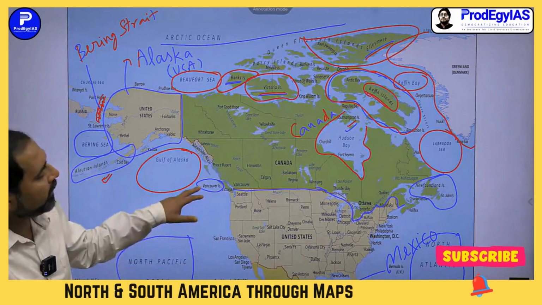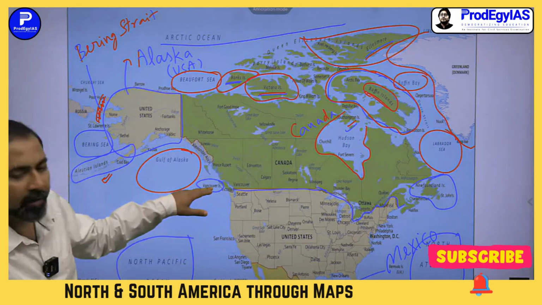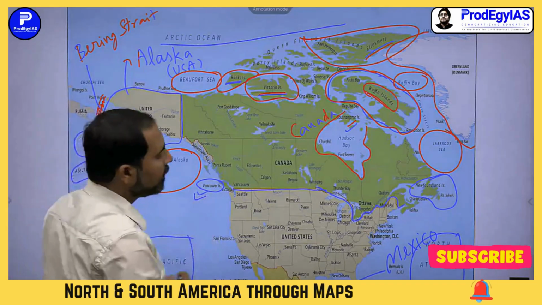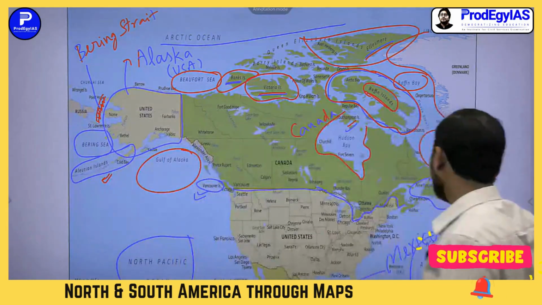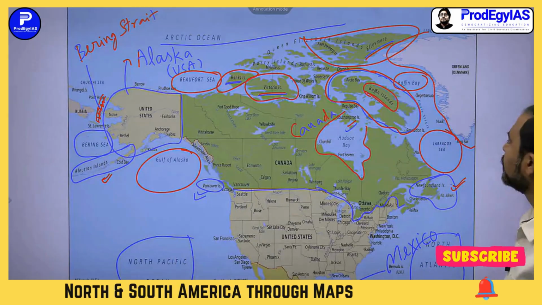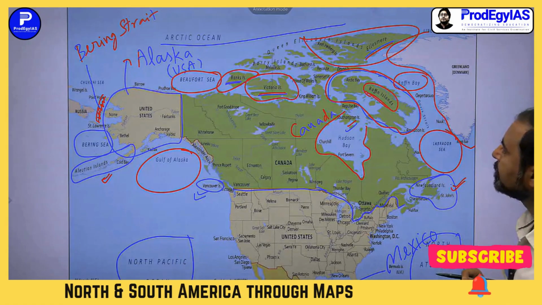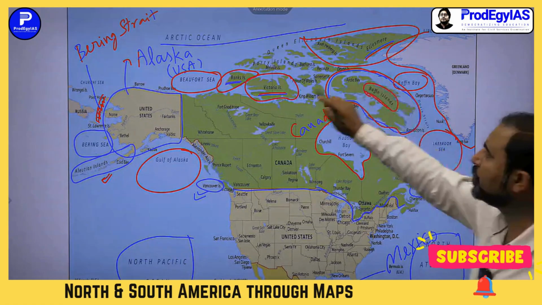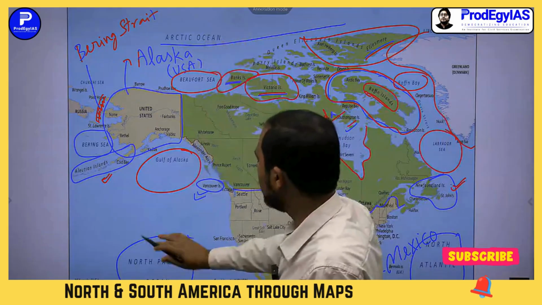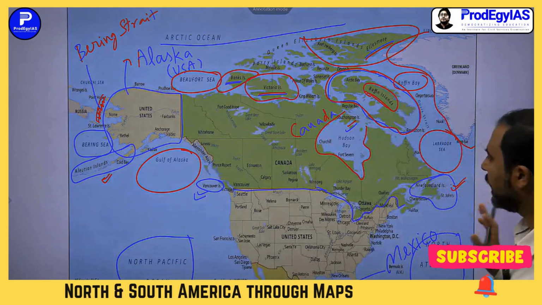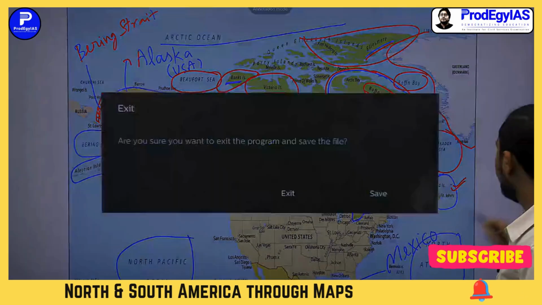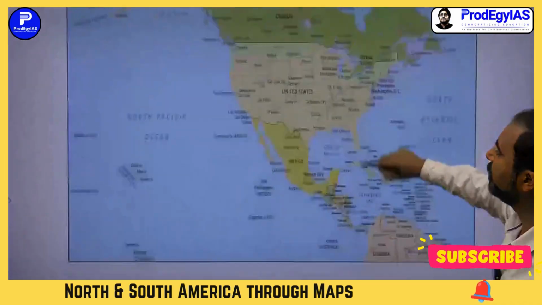Two more important islands in Canada: Vancouver Island, this one, and Newfoundland Island, this one. Vancouver and Newfoundland, right? And major oceans are Arctic Ocean, North Pacific, and North Atlantic, right? So we'll move on to the next map.